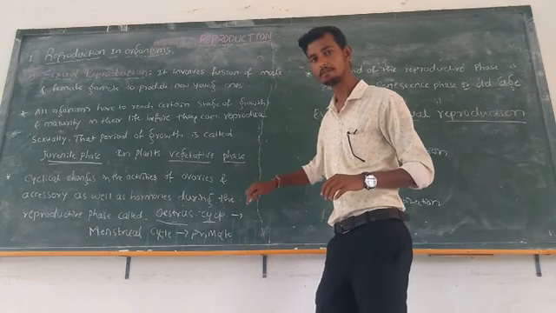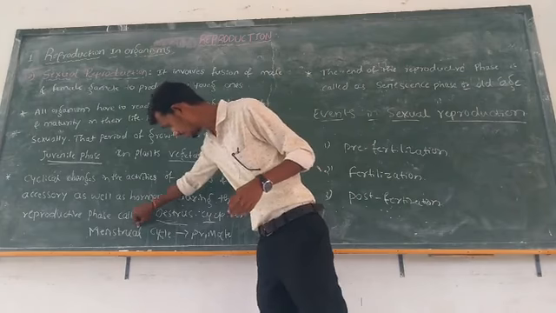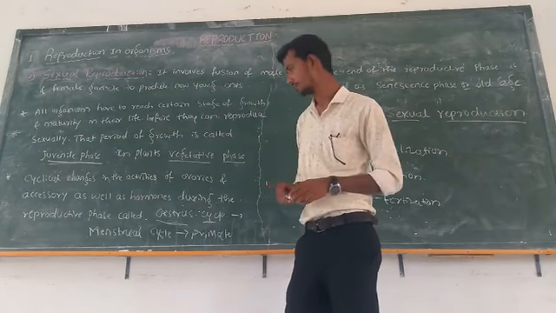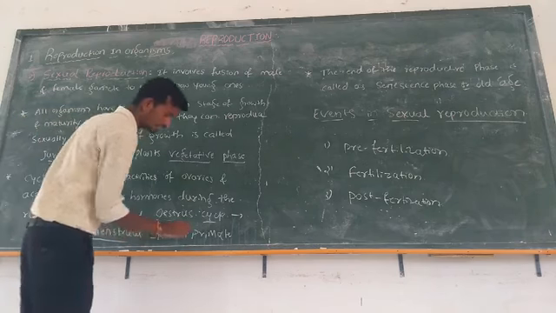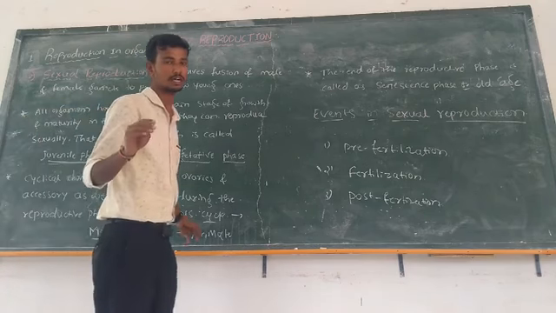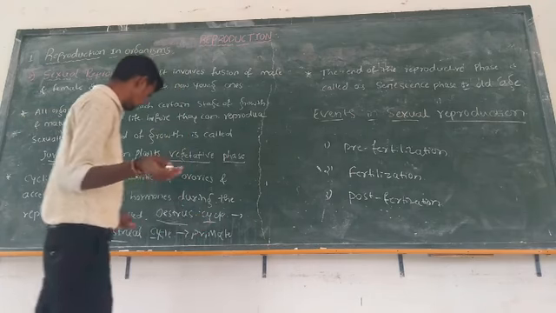In primates it is called the menstrual cycle. The menstrual cycle is seen only in primates, meaning chimpanzees, apes, and human beings also.